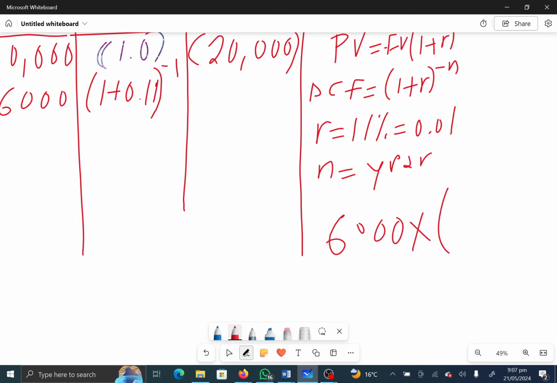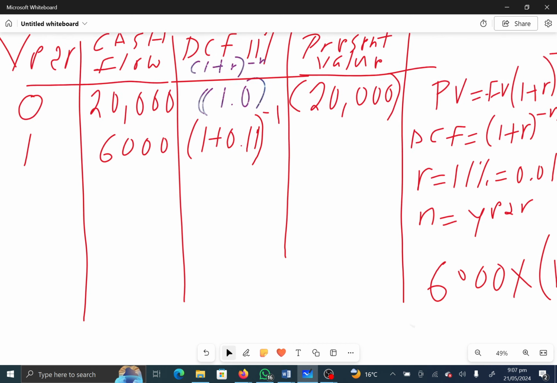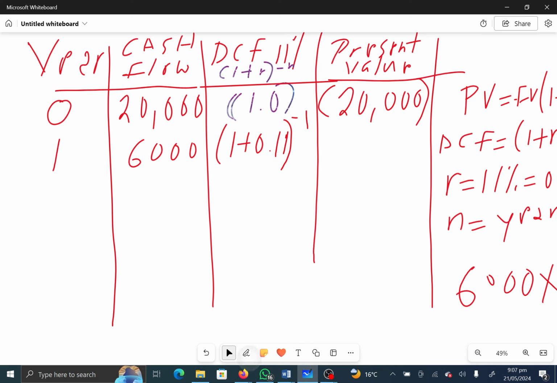I'm finding 5,4,4.545. Yes, so your answer is correct. It's 5,405, then you round off to give you 5,405. So that is your present value in year 1.